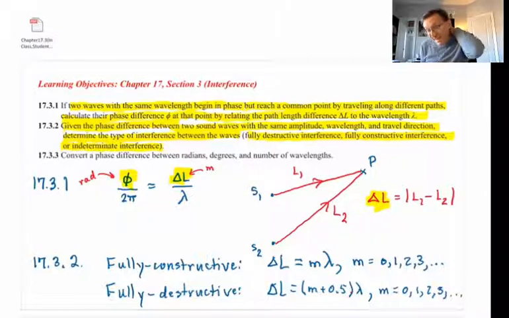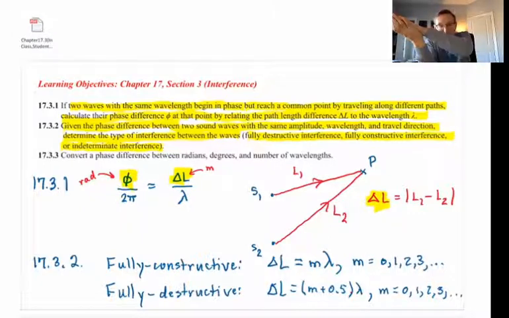Okay, m plus a half times lambda. So that means if the path length difference is 1/2 lambda, 3/2 lambda, i.e. 1.5 lambda, 2.5 lambda, 3.5 lambda, then the two waves, when they arrive at point P, will be lined up crest to trough, and you'll get fully destructive interference. Okay?